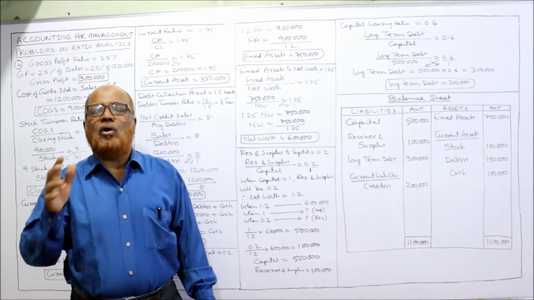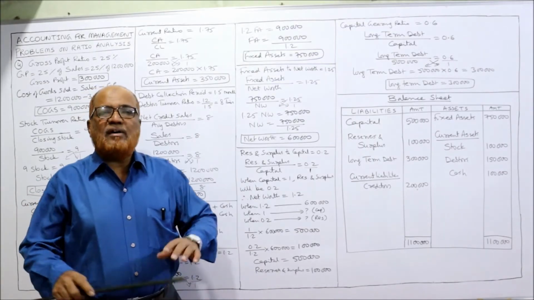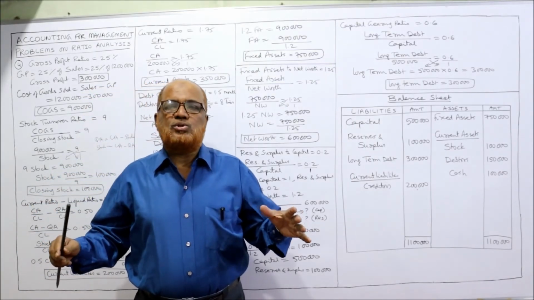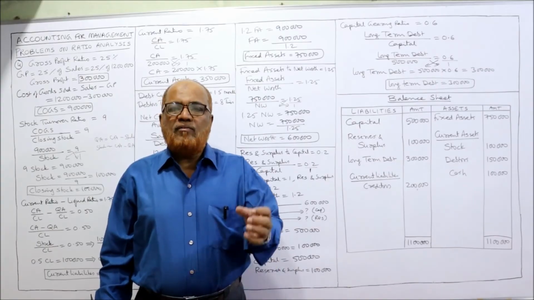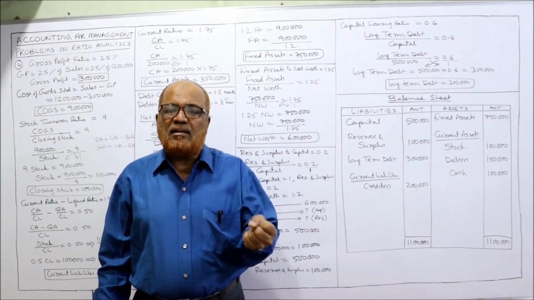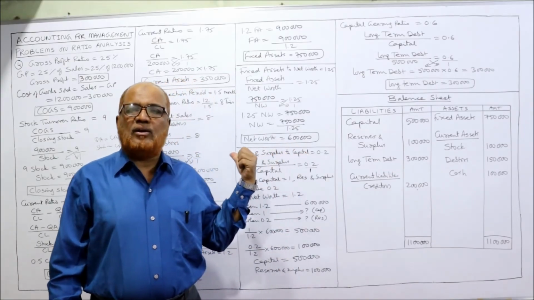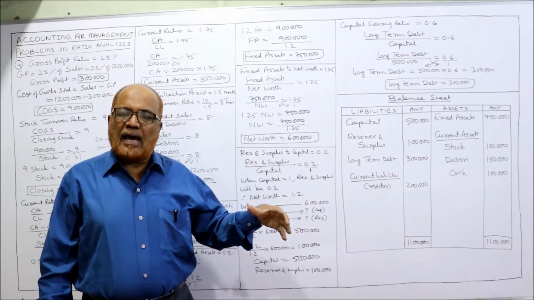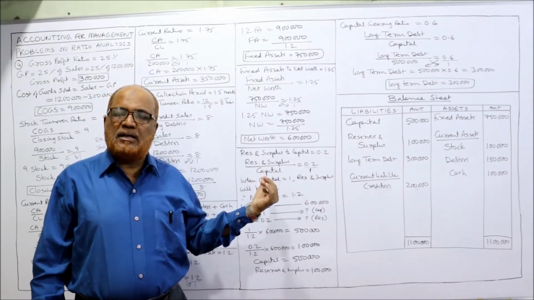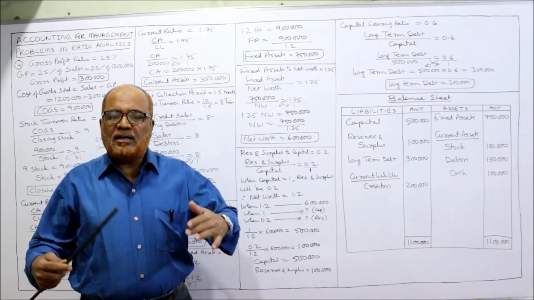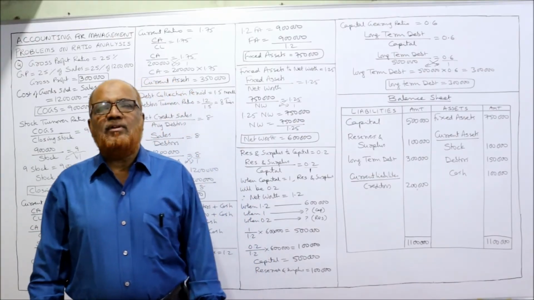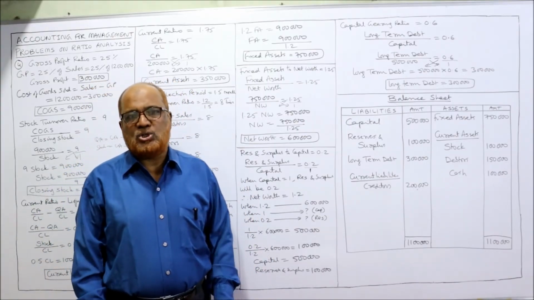So we got long-term debt. We have used all the ratios given in the problem and calculated the different values. We got all asset values and all liability values. Now by taking those assets and liabilities, we can easily make the balance sheet.